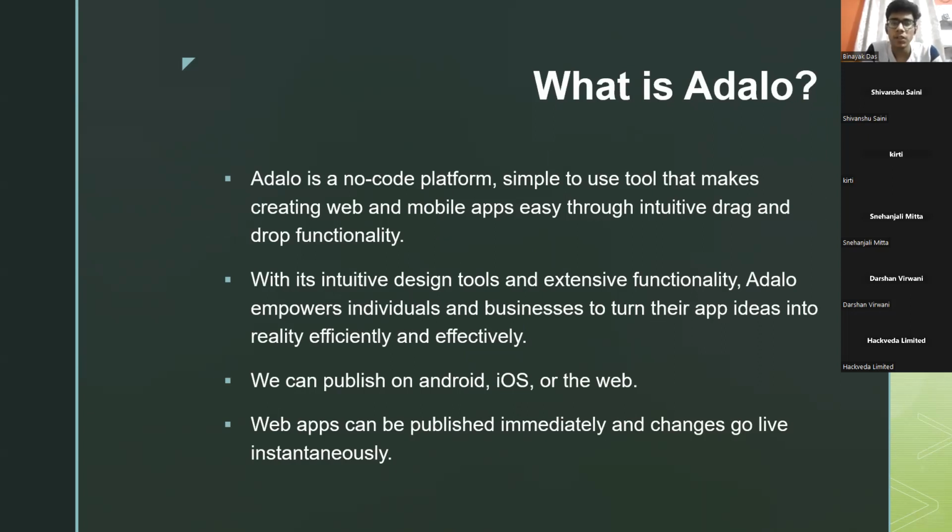Adalo empowers individuals and businesses to turn their app ideas into reality efficiently and effectively. It provides the feature of publishing the web app to Android, iOS, or even as a web application. And whatever changes we make in the website go live instantaneously. It does not require too much time.